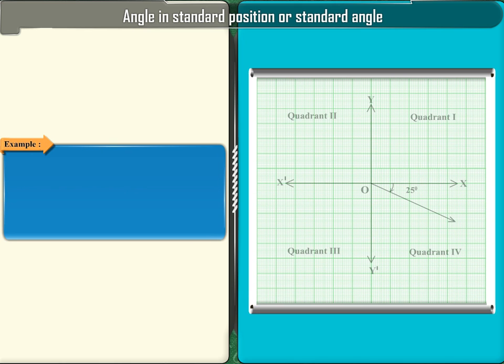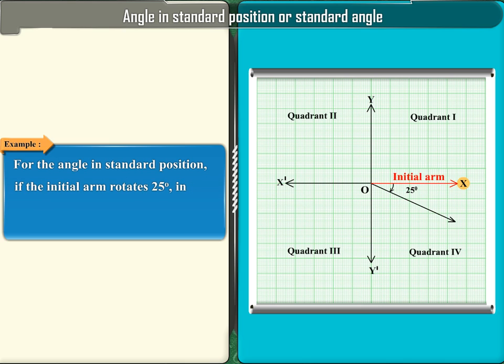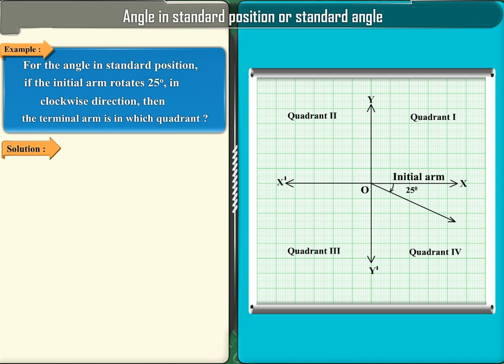Example 2. For the angle in standard position, if the initial arm rotates 25 degrees in clockwise direction, then the terminal arm is in which quadrant? Solution. The initial arm rotates 25 degrees in clockwise direction.